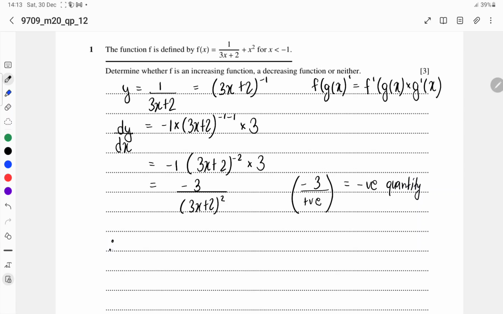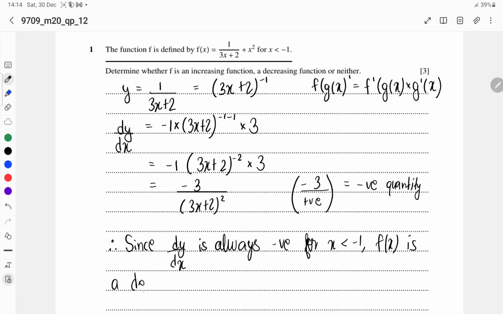Therefore, since dy/dx is always negative for x < -1, f(x) is a decreasing function. Yeah, easy as that. So the first question was pretty easy. It was a decreasing function, right?